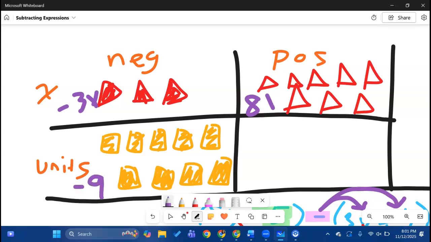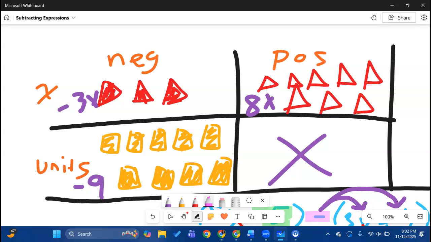And that's an x, and that's an x. We have nothing going on in the positive units part with this problem, so we don't need to worry about that.